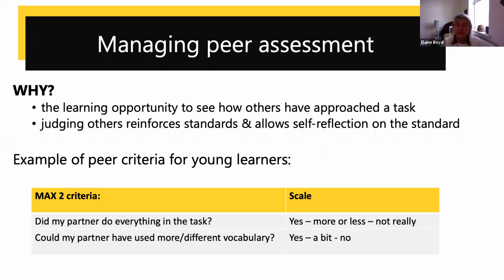So in other words, if you want a slightly negative judgment of someone, they have to help them get better. They have to help them correct it. So if you say, could my partner have used more vocabulary? Yes. Then I have to say, what, for example, is that vocabulary?